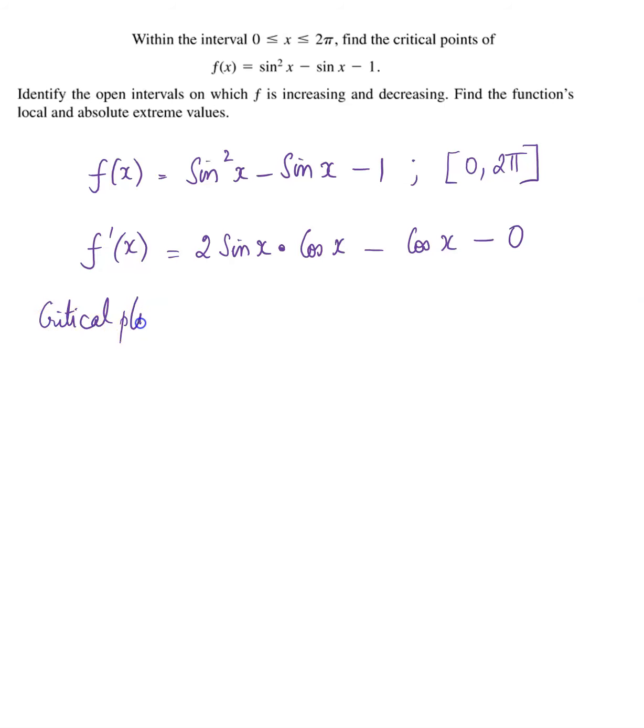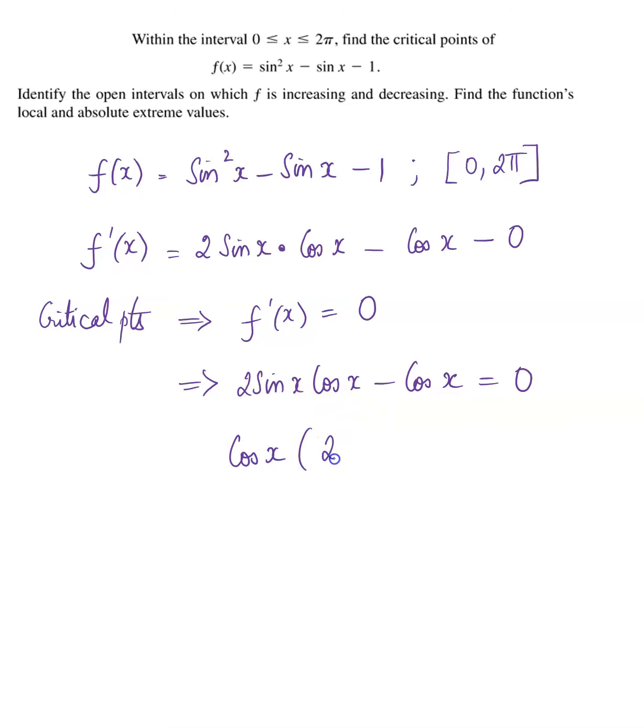Critical points implies you want to set your derivative to 0. Oops, there's one more. Minus cosine x equals 0. And now we can pull out the GCF, which is cosine x. You always have to do that.